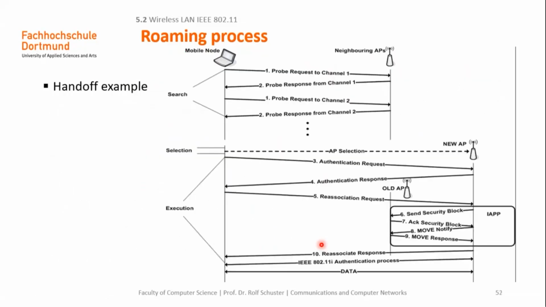In this slide, we could see an example of what we call handoff. That is in the roaming process. This is called handoff when a mobile station that was associated with, for instance, this access point, selects another access point.